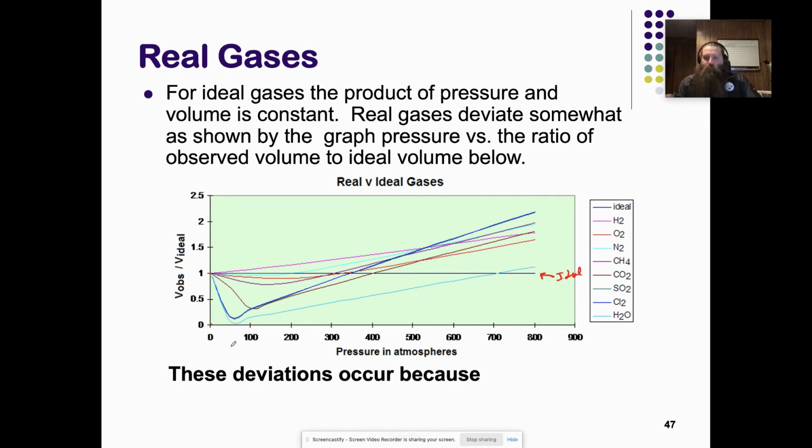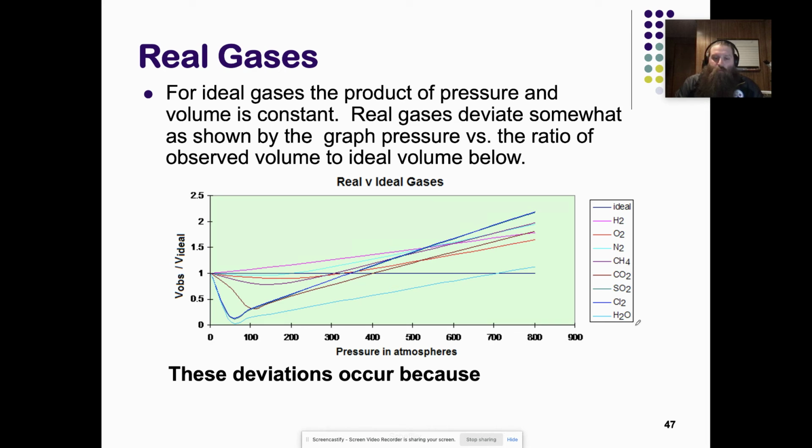That's normal. When you start to get into like 100 atmospheres of pressure, gas starts to be funny, especially these guys, right? Like your N2, and that dark blue line is Cl2, and I can't tell if that's CH4 or CO2, but those four especially, right? So in real life, it's important to understand, there is no such thing as an ideal gas, okay? That's just not there. We need to be able to explain why those deviations occur.